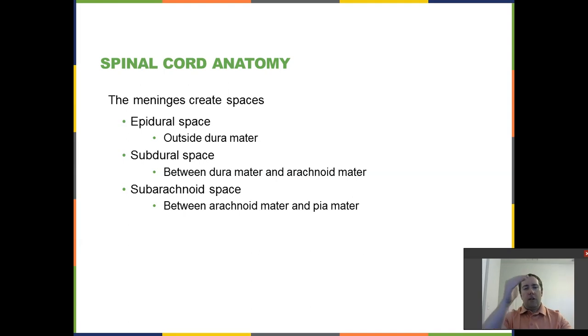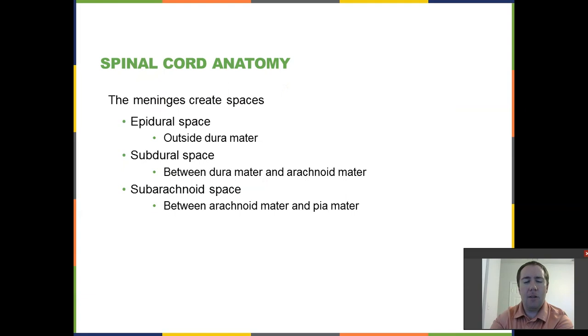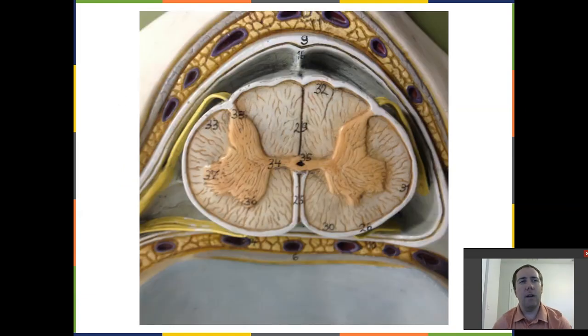So we learned the 3 meninges, and I showed you the spaces between them. Those spaces have names themselves. And so let's go back to our diagram. So the first one on our list is the epidural space. Epi always means out.